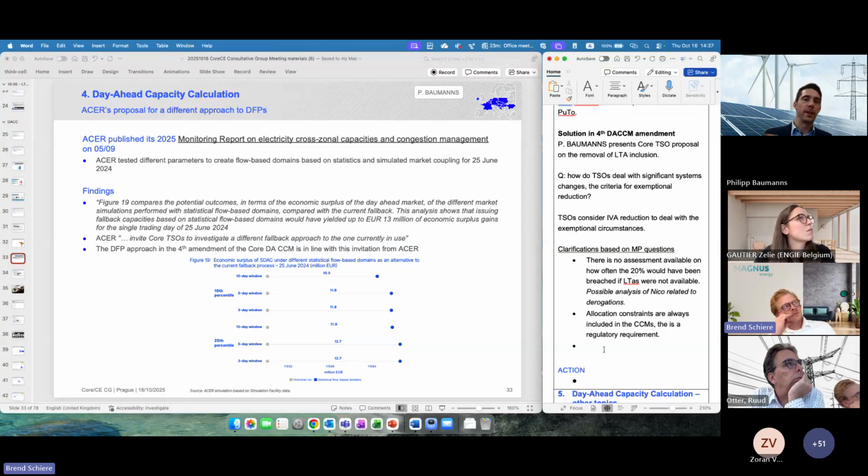We were invited to develop such an approach, and we think that with the removal of LTA inclusion in this 4th amendment, it's a good proposal serving this request. But of course, the aim is still to minimize the occurrence of DFPs instead of having the perfect DFP approach. So that will be clear.